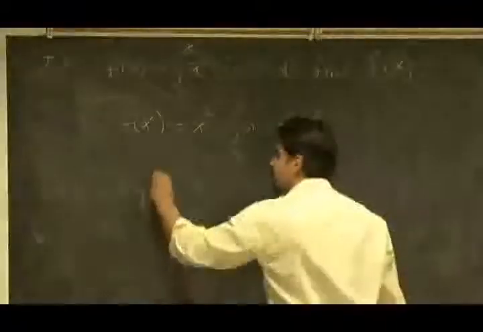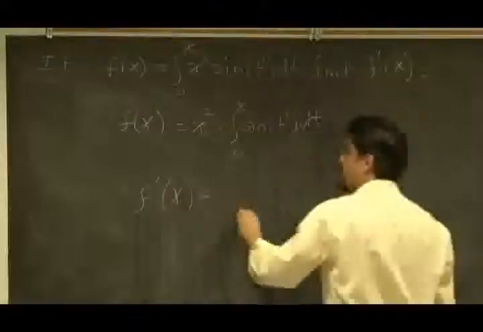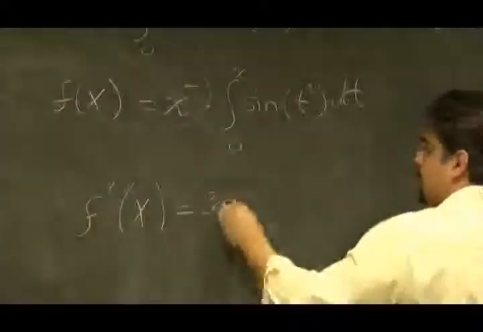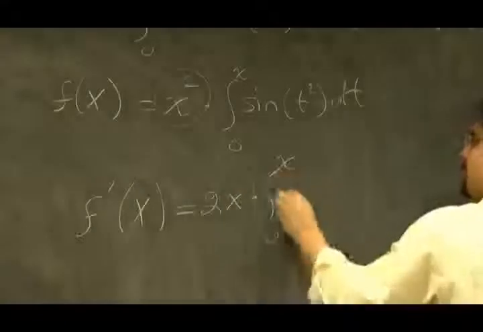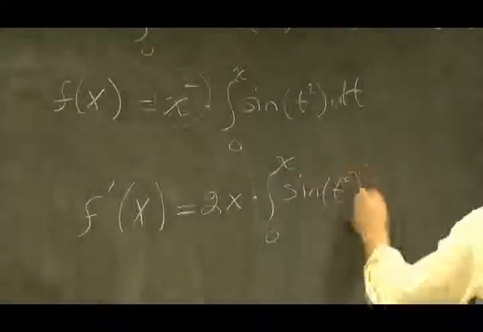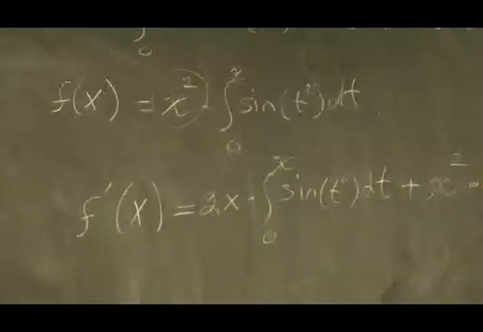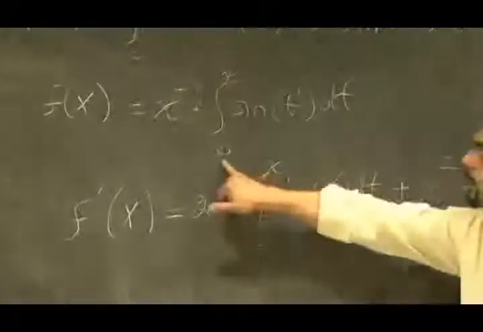So then the derivative is, the product rule says, the derivative of the first, keeping the second the same, plus keep the first function the same, and take the derivative of the second function. And the derivative of this is, of course, sine of x squared times x.